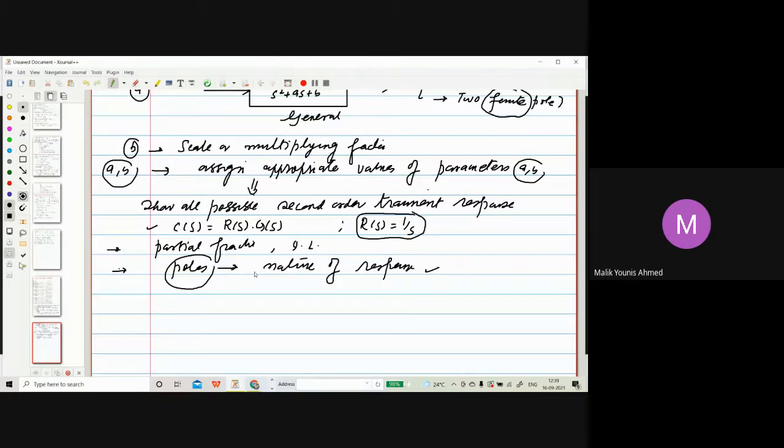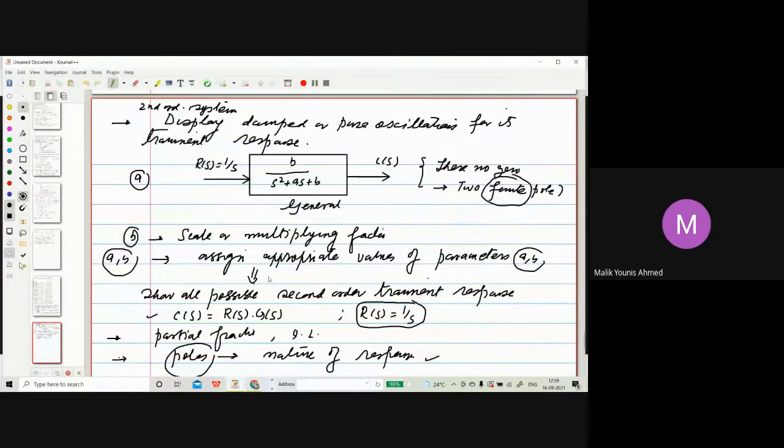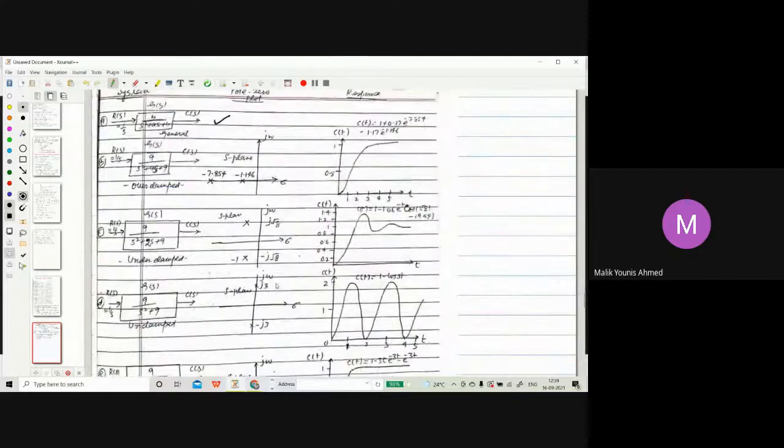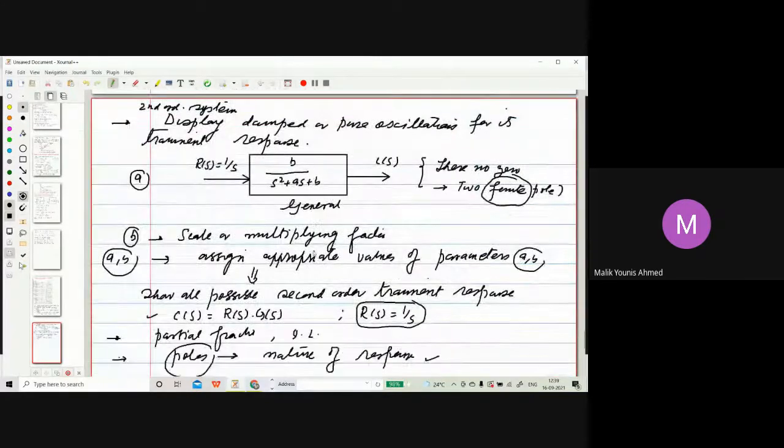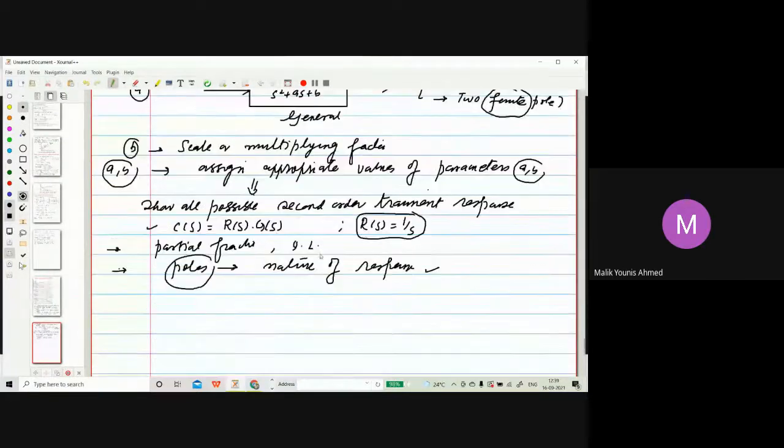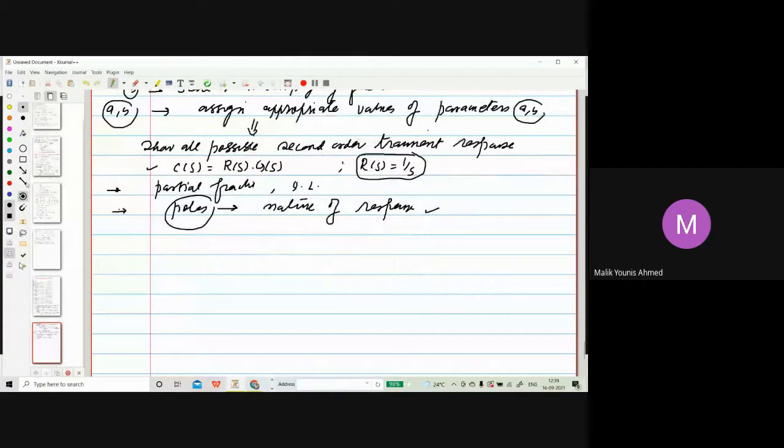Let us consider the first case now. I'll write it here for your information. Let's consider first the case of the overdamped response. What are the possible responses? I will be writing that. Number one is an overdamped response.